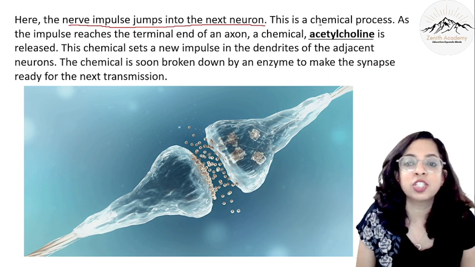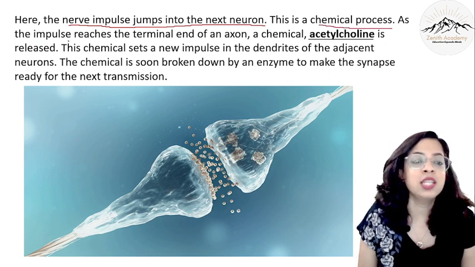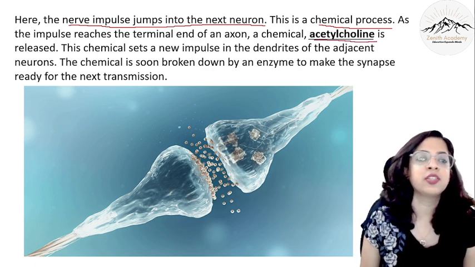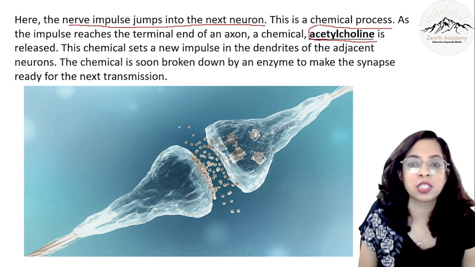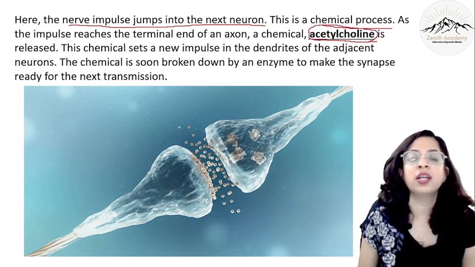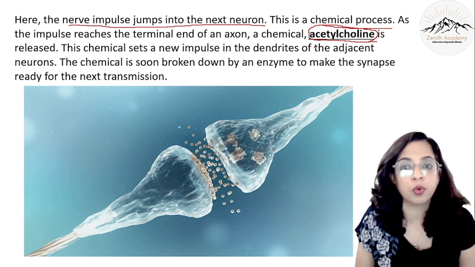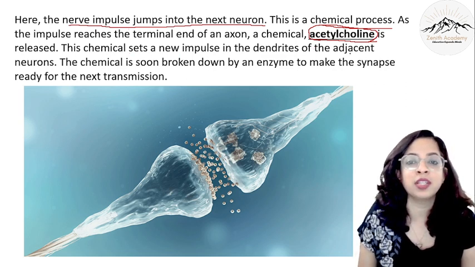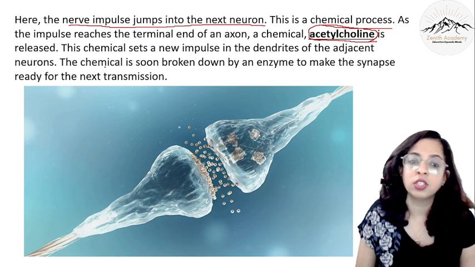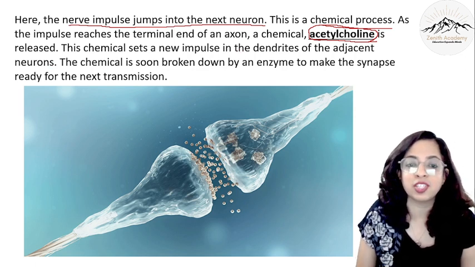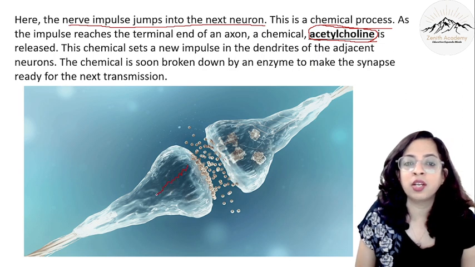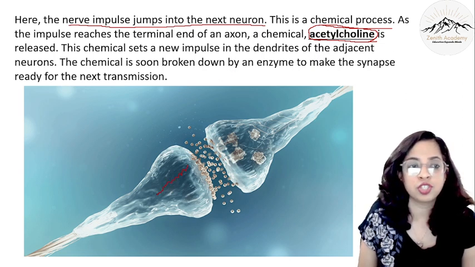And this is, my dear children, a chemical process. As the impulse reaches the terminal end of an axon, a chemical, acetylcholine, is released. You have to learn the name of this chemical. This chemical sets a new impulse in the dendrites of the adjacent neurons.